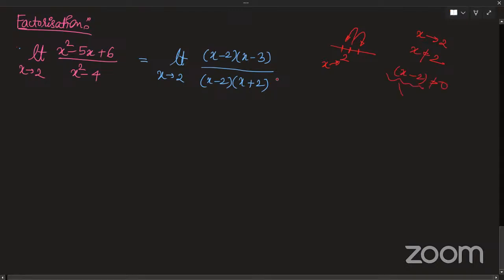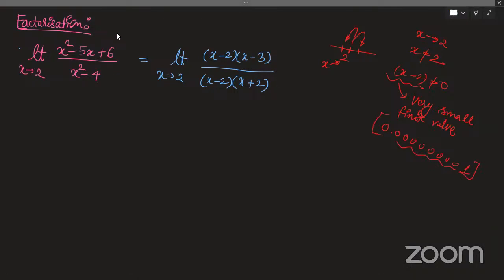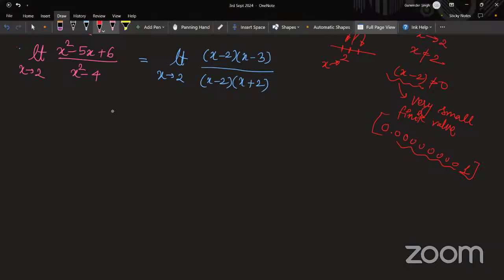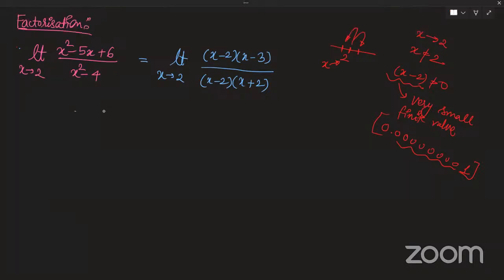It is a very small finite value. So it can be something like 0.000000001, something like this, but it is not equal to 0. So what will happen if it is not exactly equal to 0? It is a finite value.